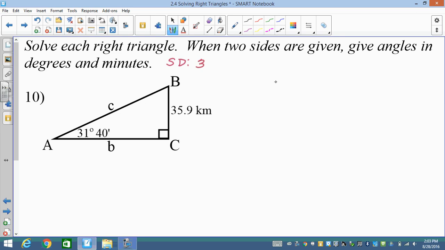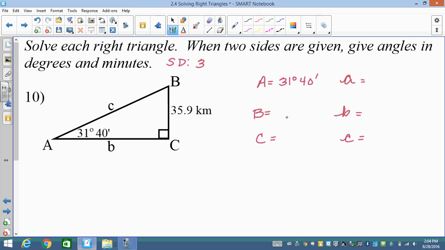Okay, so I always will label these as A equals, B equals, C equals, and then little a, little b, little c. And this one you can also identify: angle A is opposite side a, angle B is opposite side b, and so on. Then I come over here, they gave me angle A is 31 degrees, 40 minutes.